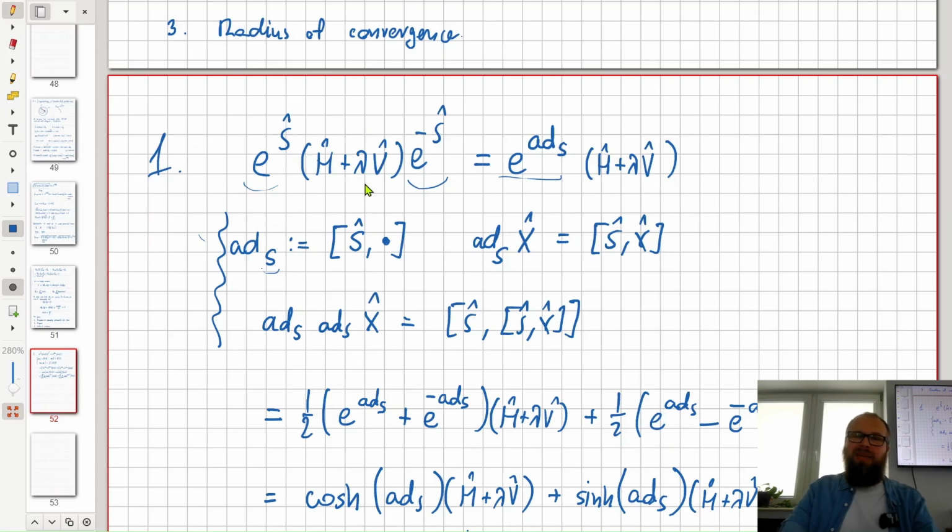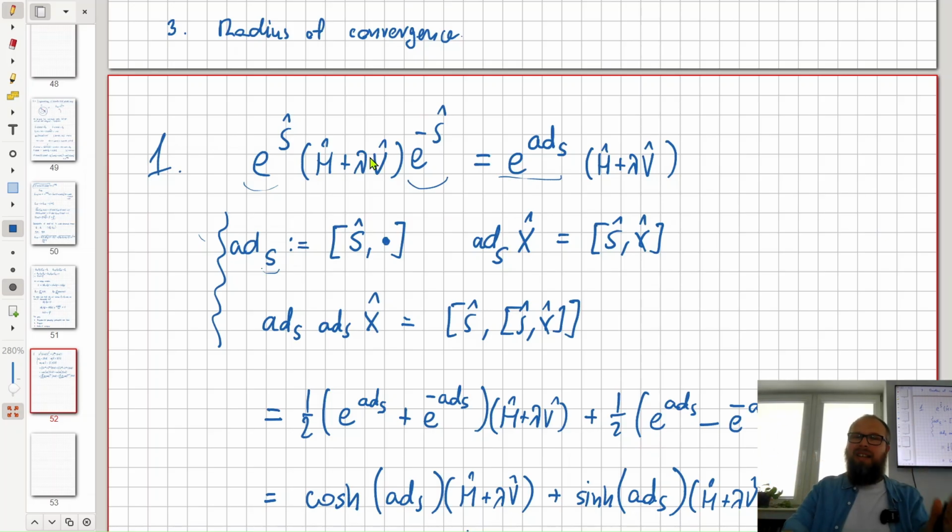It takes a block diagonal operator, block diagonal in the low dimension subspace and high dimension subspace of the perturbed Hamiltonian, and transforms it into block diagonal in the unperturbed Hamiltonian subspaces, right?